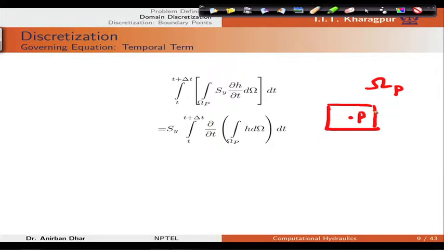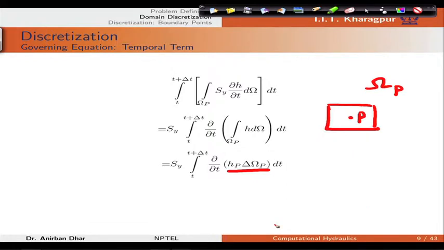With this consideration, this will be nothing but Hp into omega p, which is the volume for this cell.